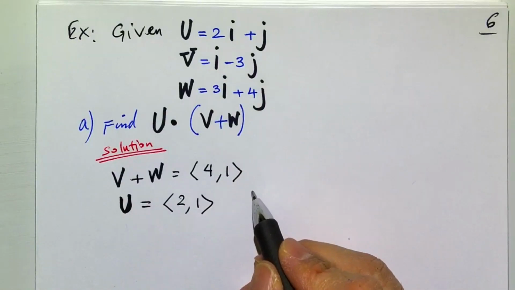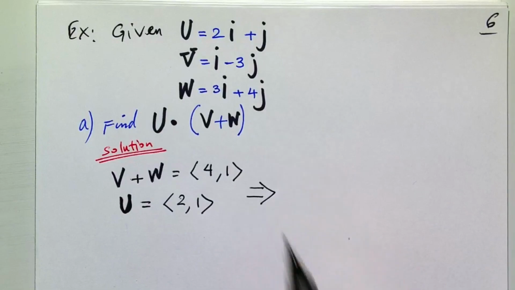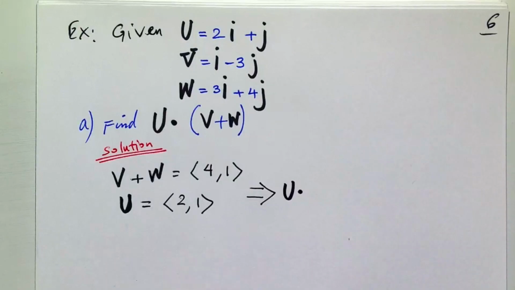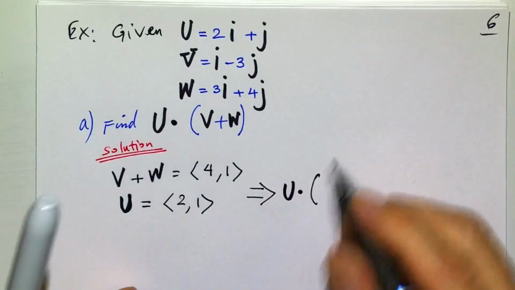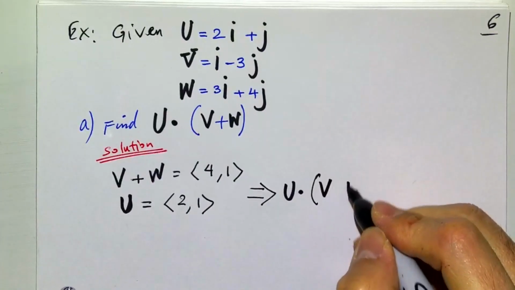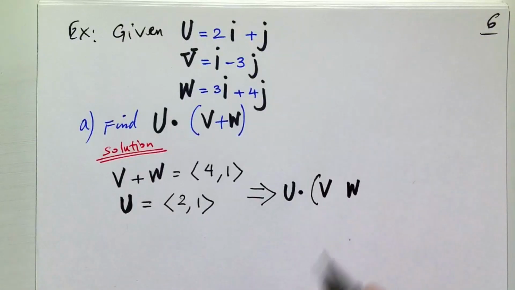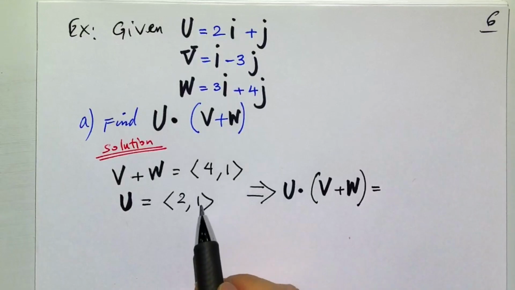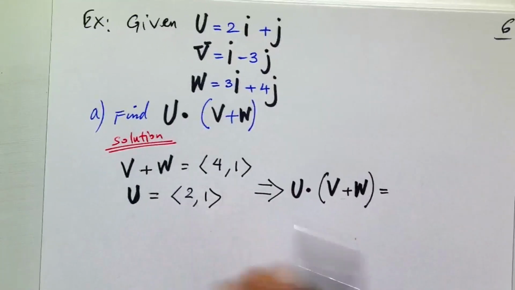So therefore, from here, we can say that u dot product of v plus w is equal to this, right?